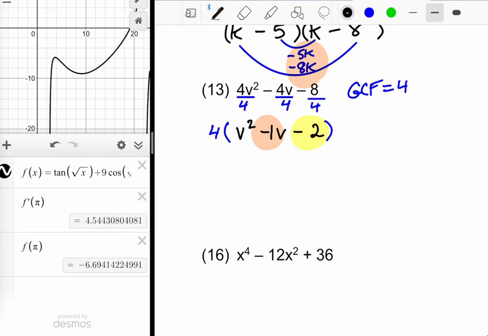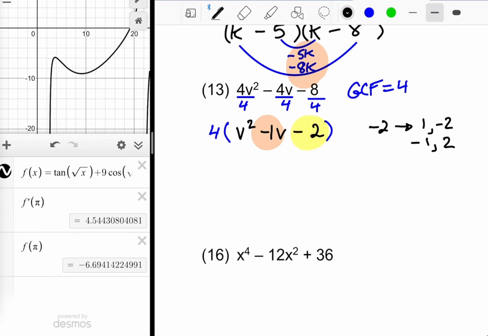All right, so if I'm looking off on the side here and saying, all right, negative 2, that's a nice number because there's only so many factors. It could be 1 and negative 2, or it could be negative 1 and positive 2. All right, but there's no other possibility. All right, so you're looking at your two factors and saying, well, which pair, when added, would give me a result of negative 1?